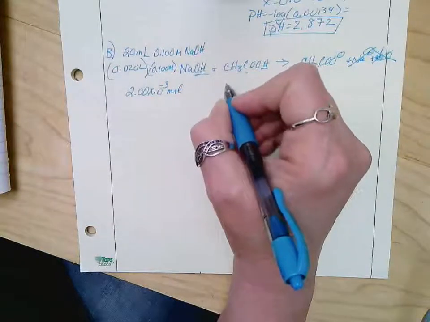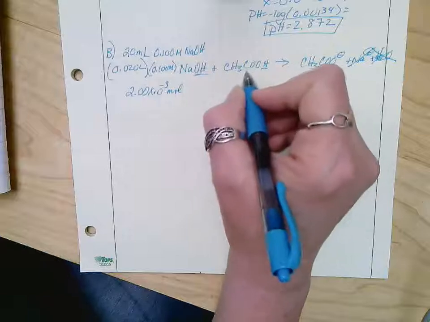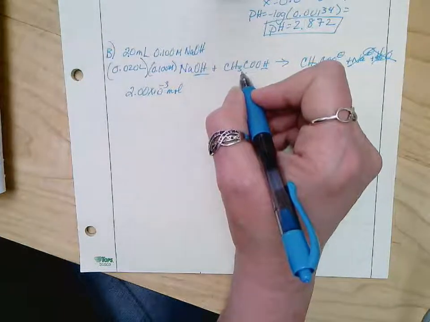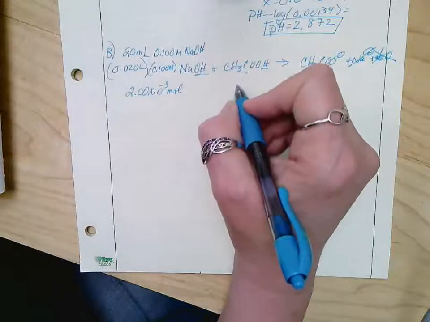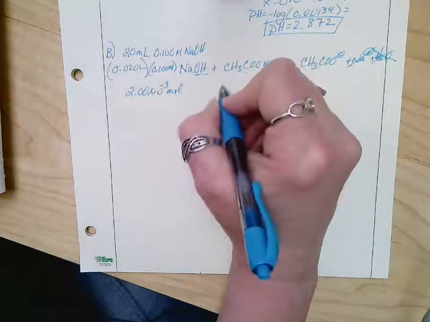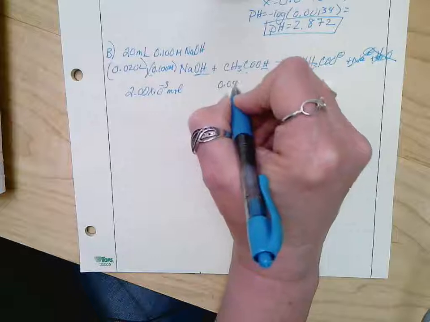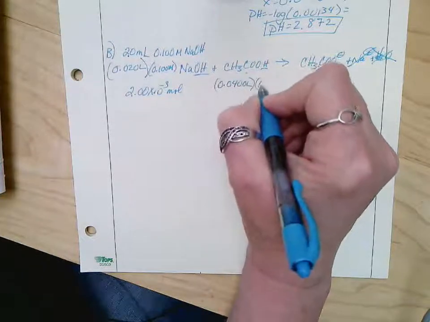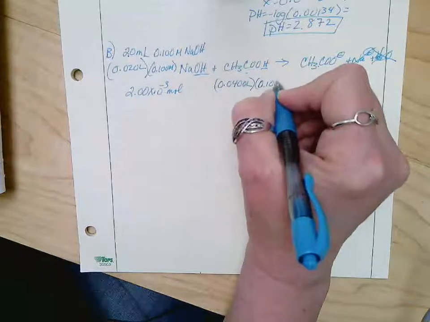For my acetic acid, I have 40 milliliters. So it's going to be 0.0400 liters times 0.100.